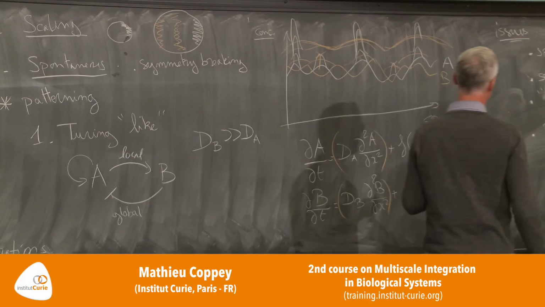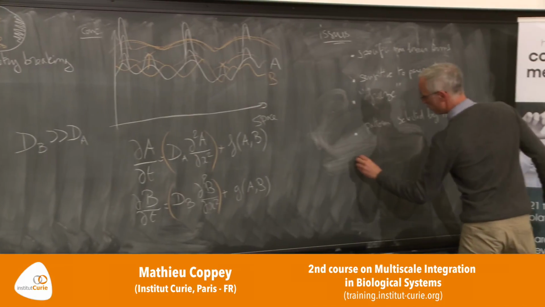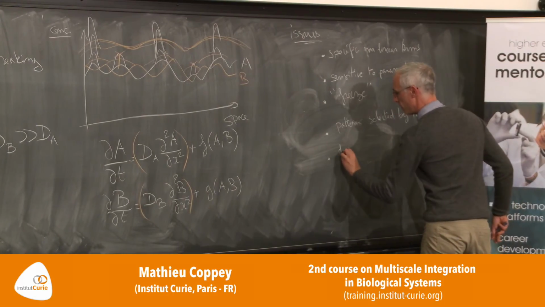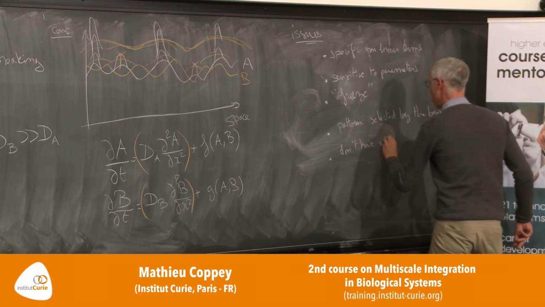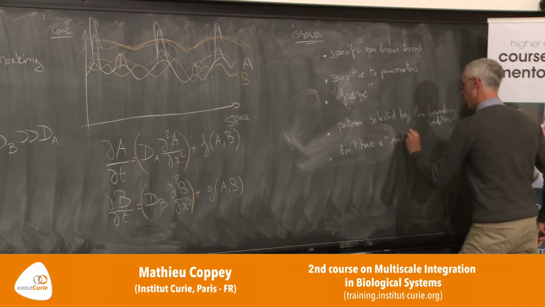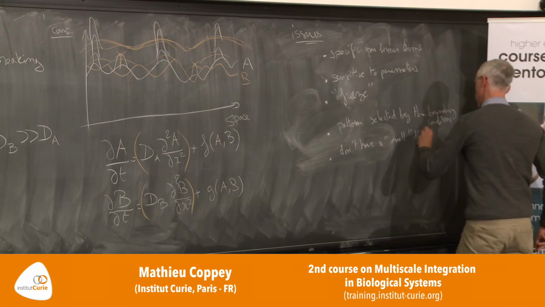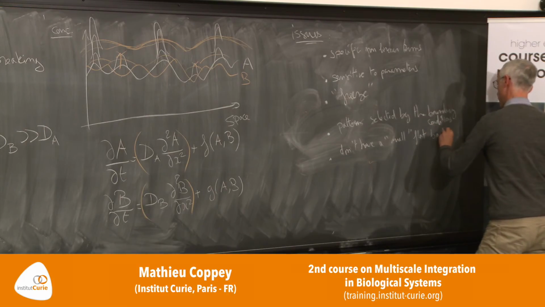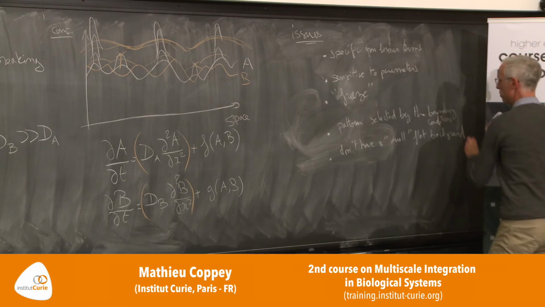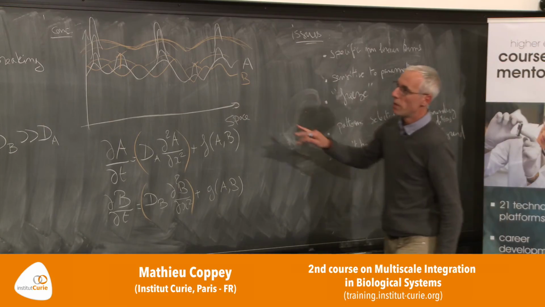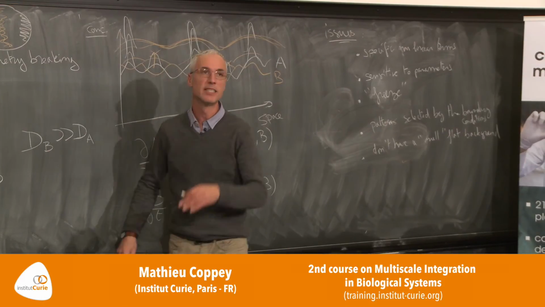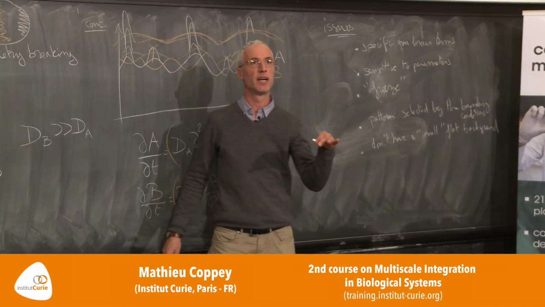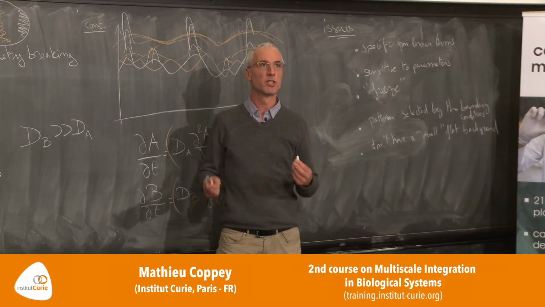But maybe a last point in which they are bad is that they don't have a null, flat background level. You want a system that is also able to be flat, to not be polarized all the time, because any little fluctuation could kick in.